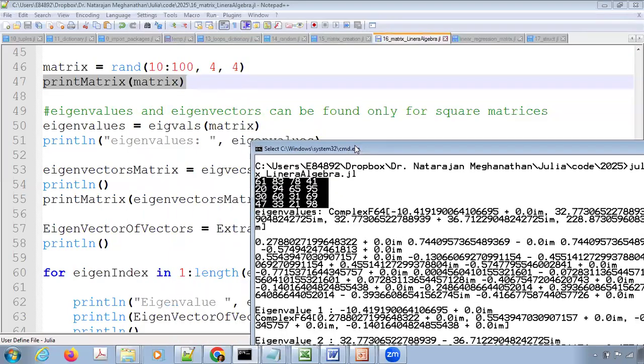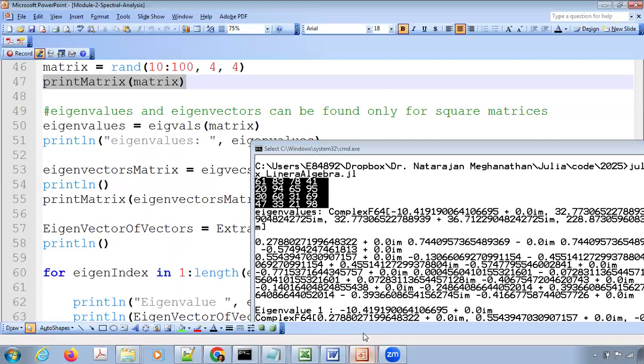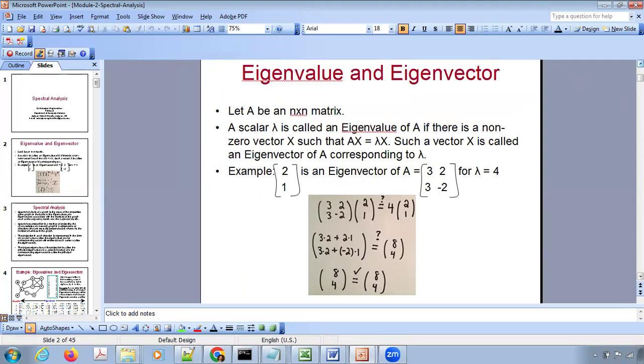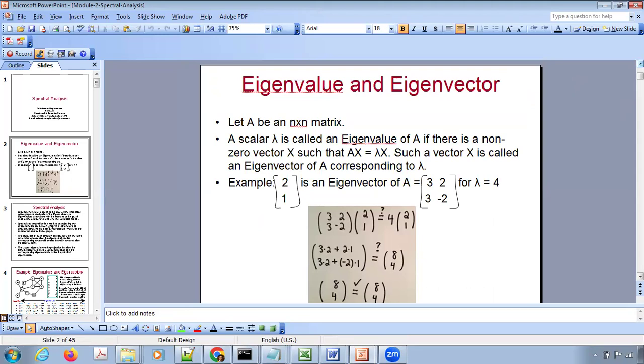Now there is a notion called eigenvalues and eigenvectors of a matrix, which I'll introduce through this slide here. For any square matrix, which means the number of rows and number of columns are the same, we can compute what are called the eigenvalues and eigenvectors for the square matrix.